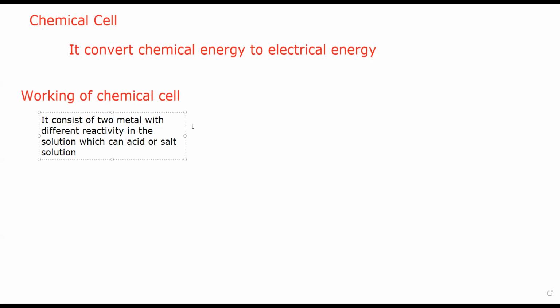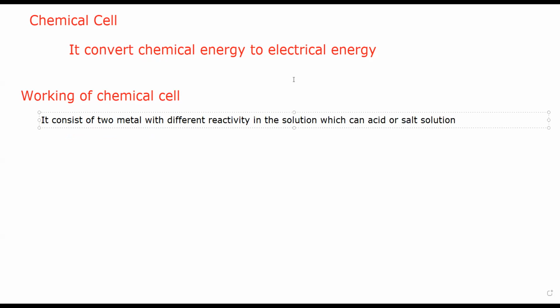So both ways it works. So first, what it consists of: two metals which are having a difference in the reactivity, and these metals are dipped in the solution either of acid or salt.